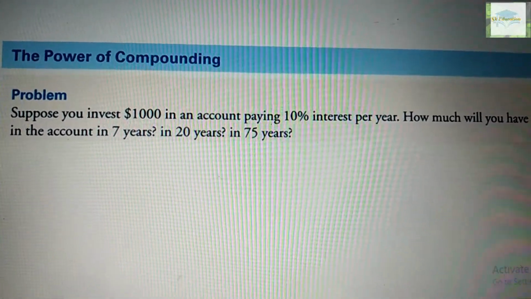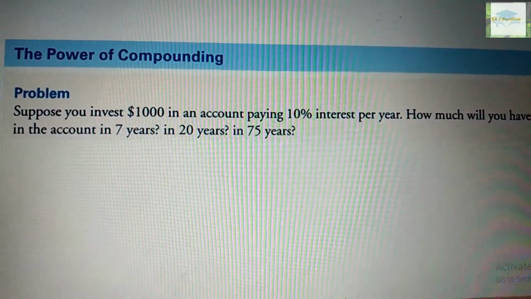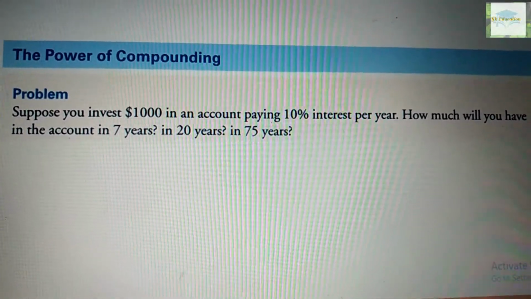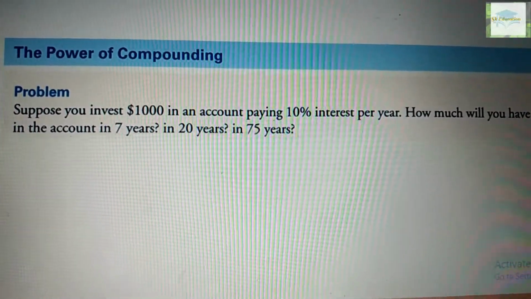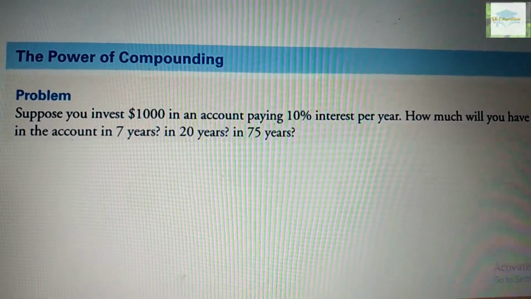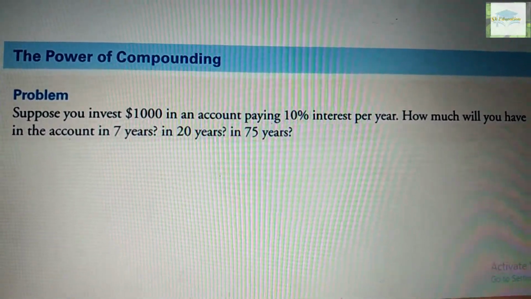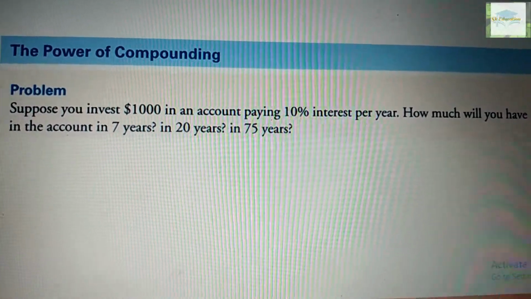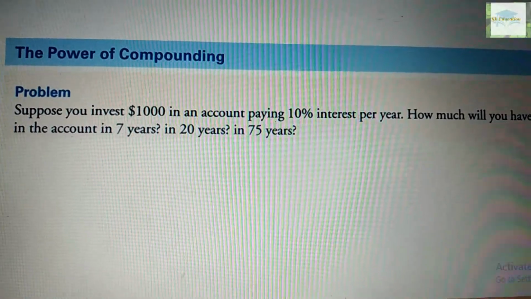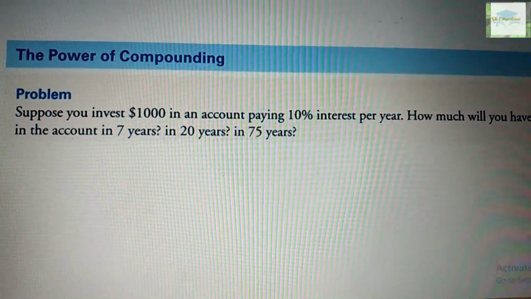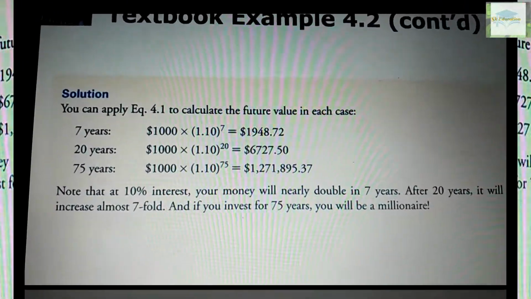Suppose you invest $1,000 in an account paying 10% interest per year. 10% is our R. How much will you have in the account in 7 years, which is your N, in 20 years, and in 75 years? They're asking how much will you have, which means future value, so we are going to find the future value. The present value is 1,000, our R is 10%, and our N is 7 years, 20 years and 75 years. So students, here's the calculation.